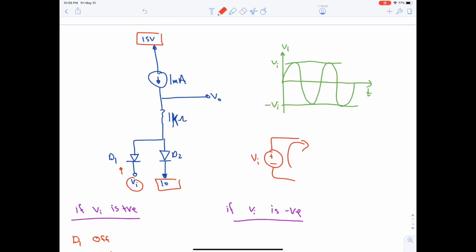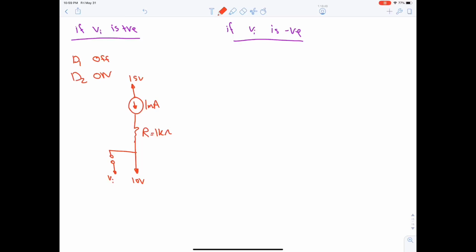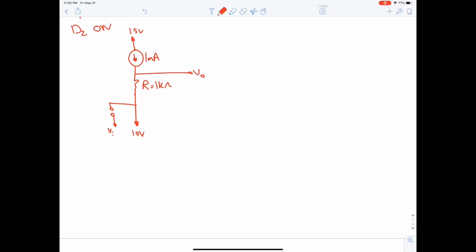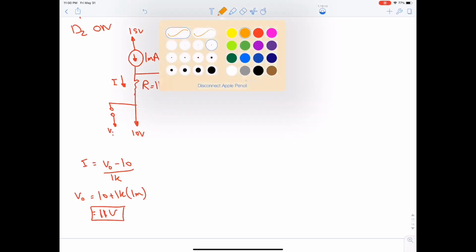So now how do we find the output? The output is simply Ohm's law. I is equal to V naught minus 10 over 1K. V naught is equal to 10 plus 1K multiplied by 1 milli, which is equal to 11 volt. Now notice that this number is actually DC.